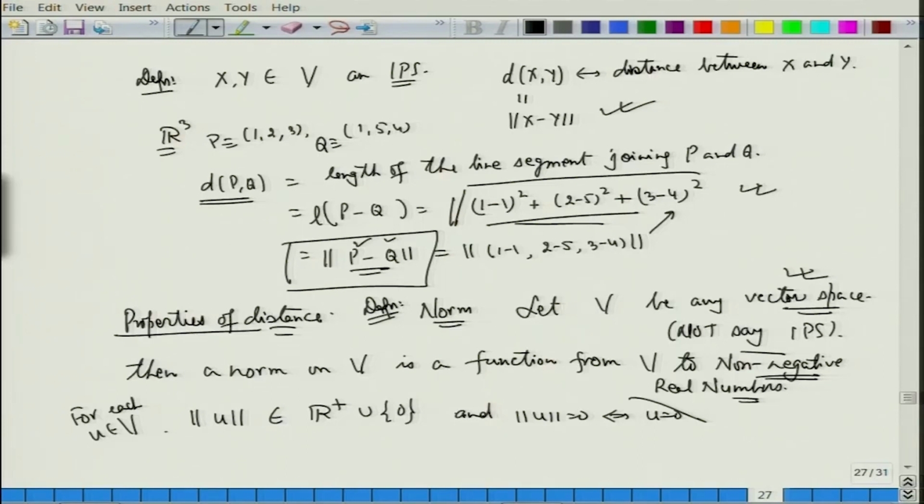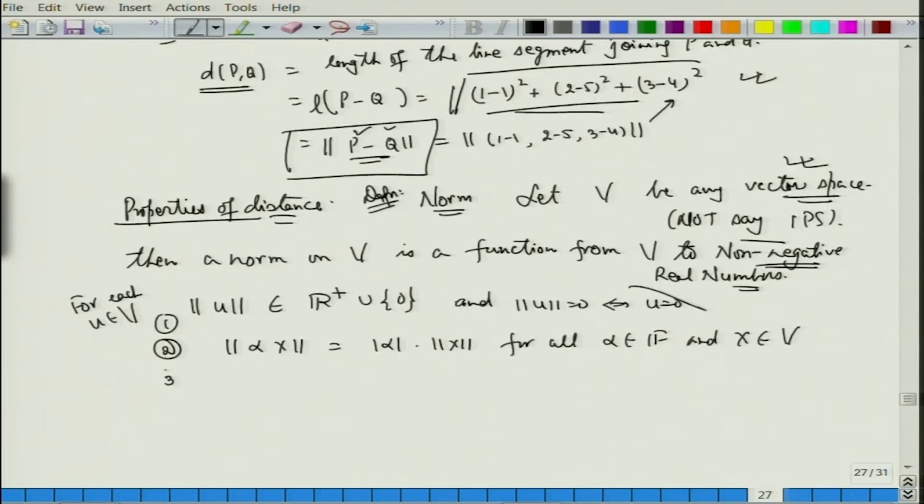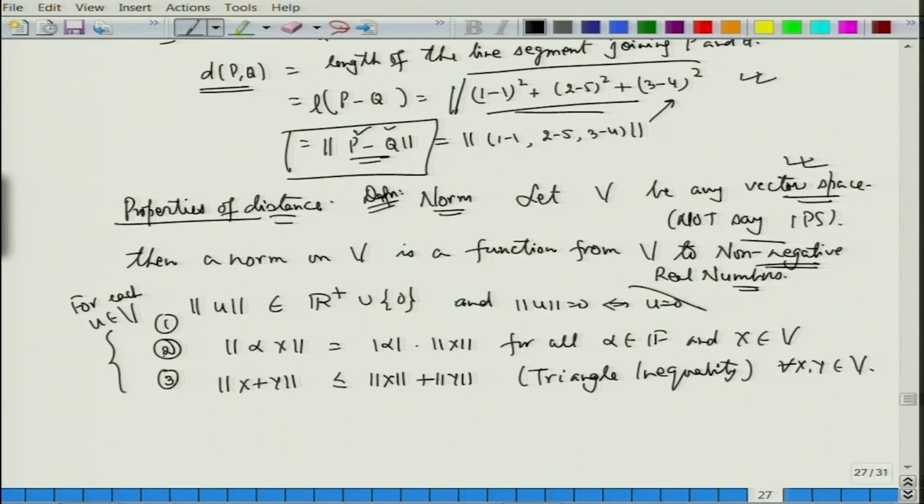Second, the norm of alpha x should be equal to mod of alpha into the norm of x, for all alpha belonging to the scalars and x belonging to V. Third, we need the triangle inequality: the norm of x plus y should be less than or equal to the norm of x plus the norm of y, for all x, y belonging to V. This is what we need for a norm.